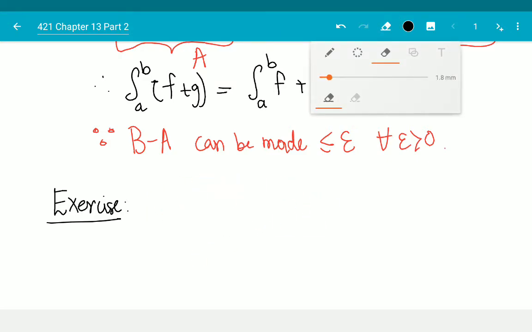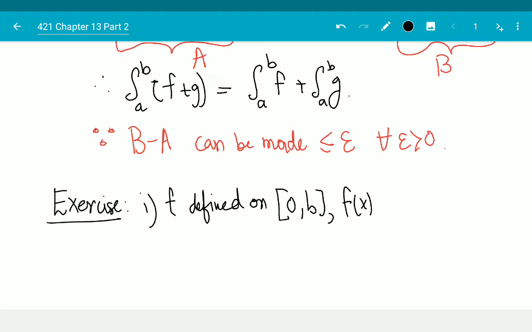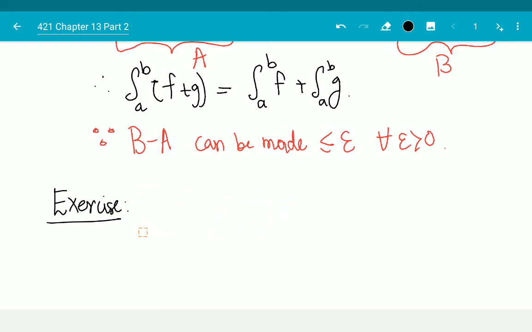So let's instead do this one. f defined on 0 to b, f(x) equals x, show that f is integrable. Well, actually, never mind. We have already shown the stronger result. So forget about these two examples. Let me give you better problems.